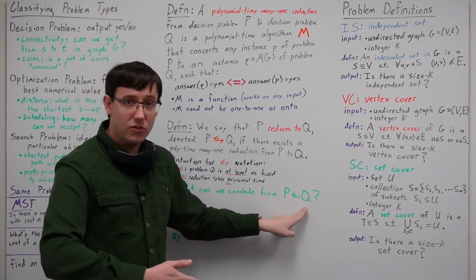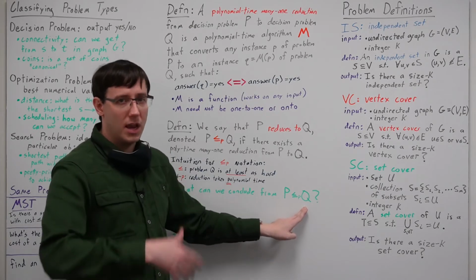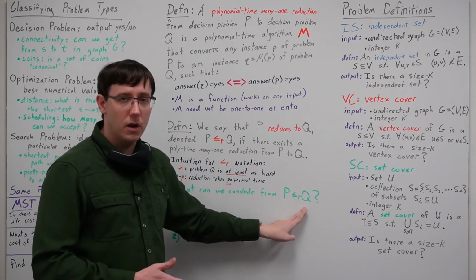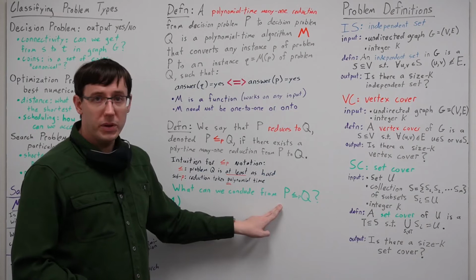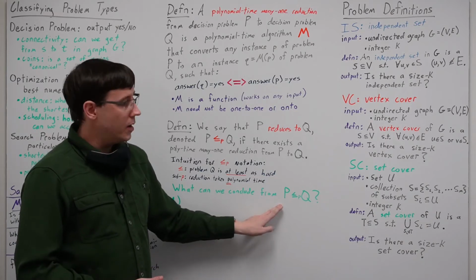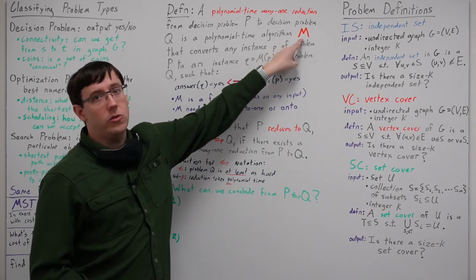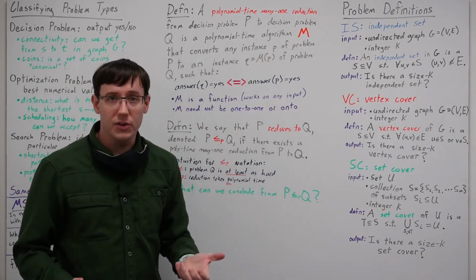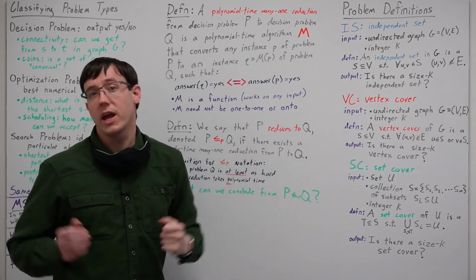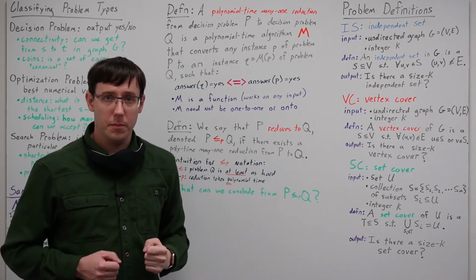And since the answer of the translated problem is the same as the original answer, this would solve problem P. And as long as both the algorithm for Q and the translation algorithm run in polynomial time, overall we have a polynomial time algorithm.